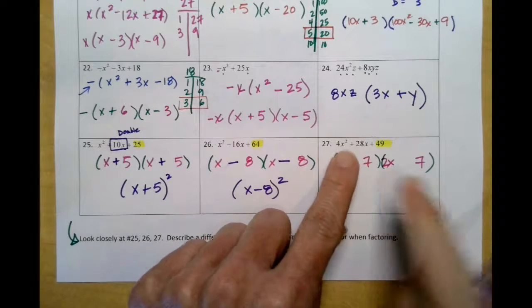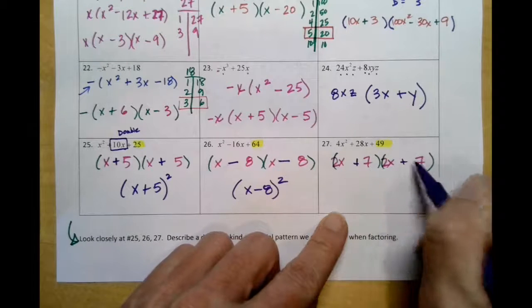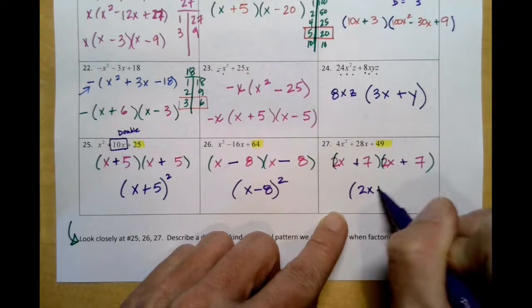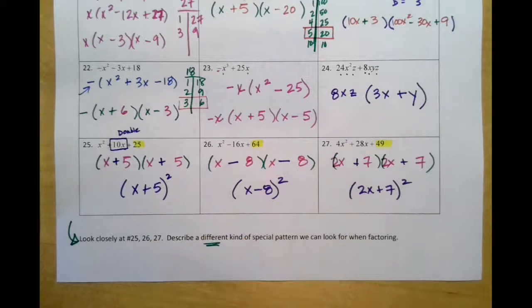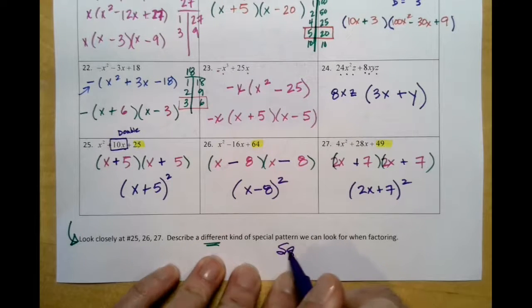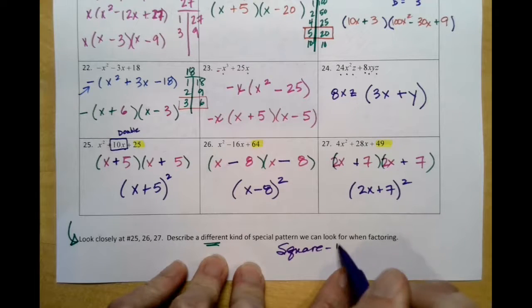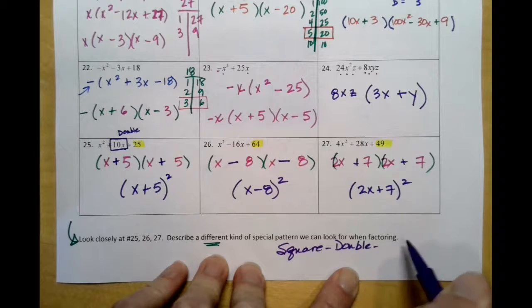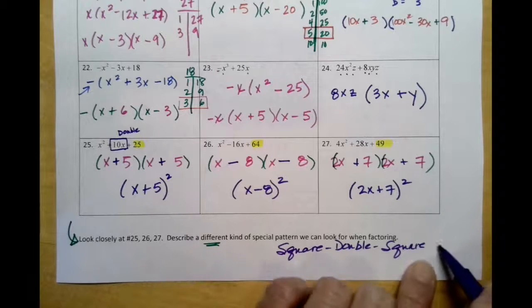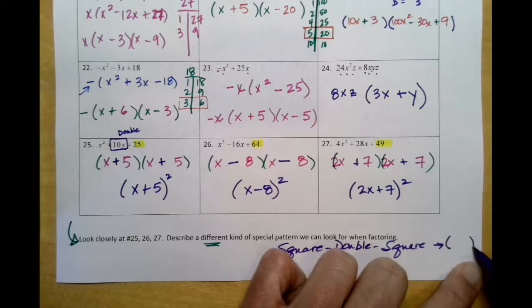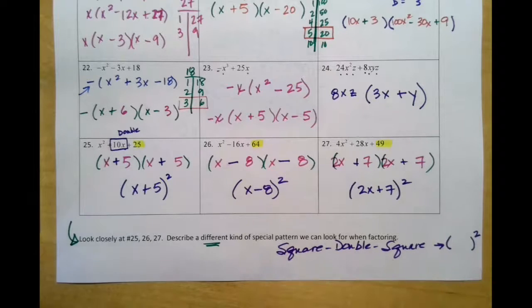This sign is positive, so I know that these are both positive, and I can rewrite this as a shortcut using exponents. That's that special pattern that we found. Whenever I have a square, double, square, that's going to factor into some binomial term squared. All right, good job.